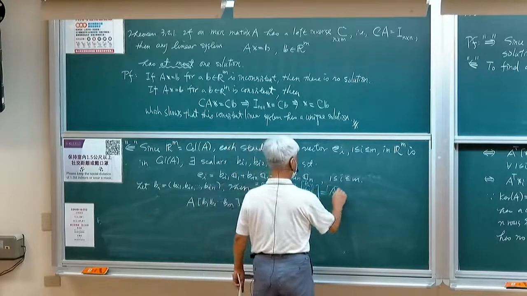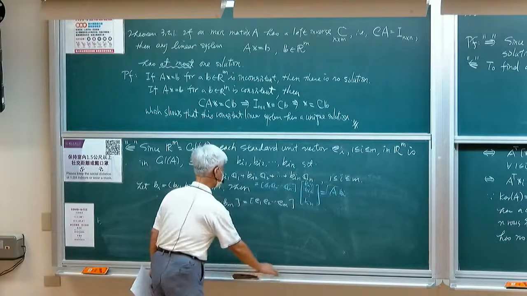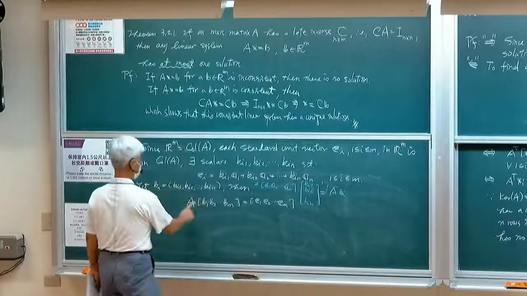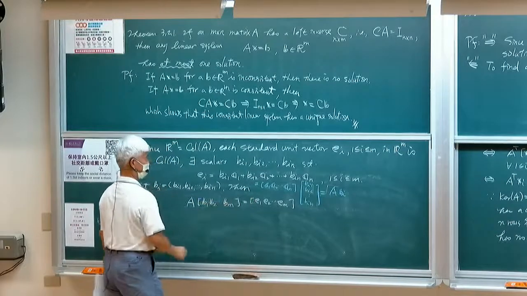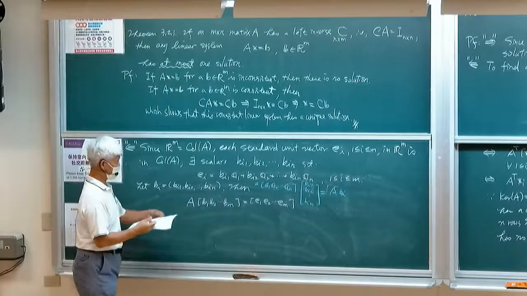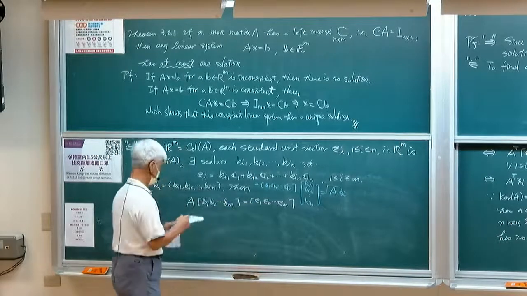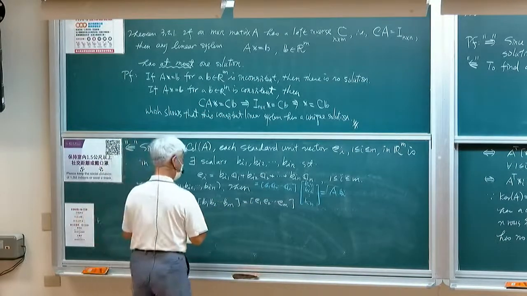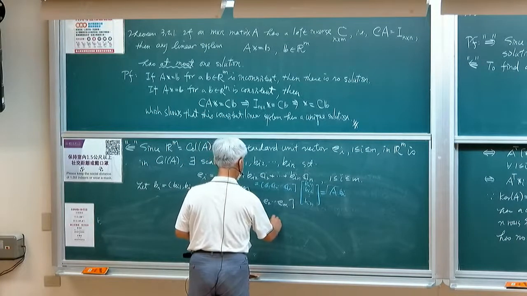So this is A bi, right? A bi is equal to ei. So we put them together: A b1 b2 bm equal to e1 e2 em, and this one is the identity, m times m.